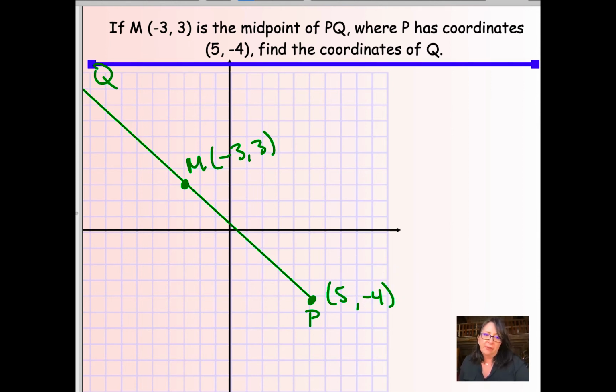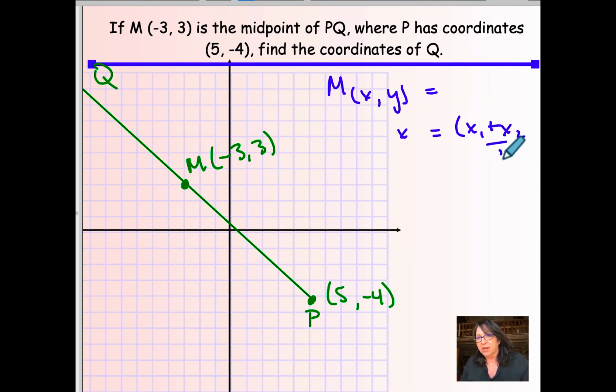The way you're going to find Q is you're going to have to realize what the formula for the median is. The formula to find the median, meaning if you have x, y, is equal to the average of each of the values. So to find x, you would add x1 plus x2 and divide by 2.